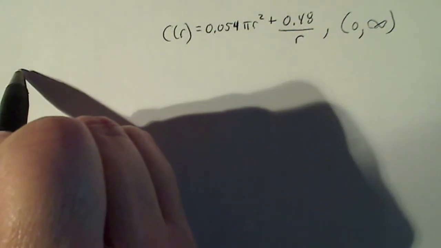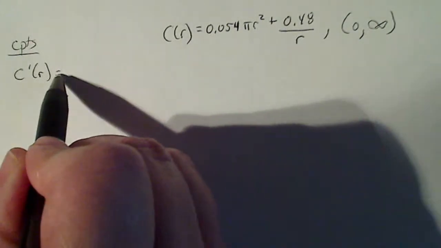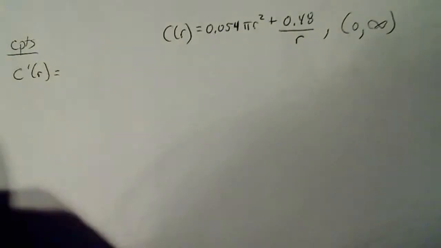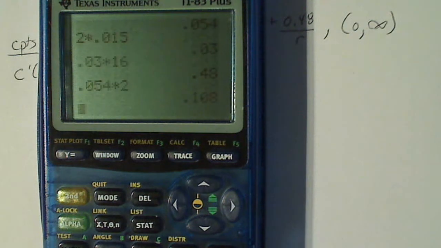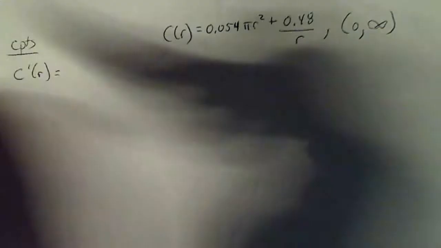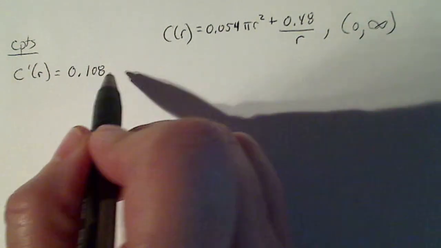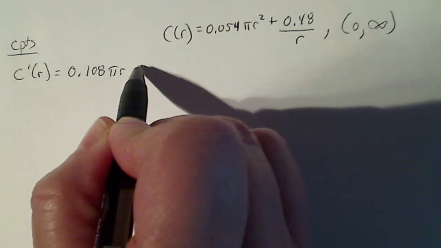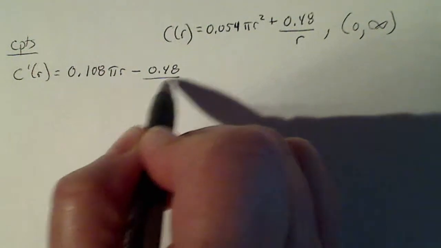So now we're going to find C prime of r to find the critical points. C prime of r is equal to, let's see, I bring down the 2, so it's 0.054 times 2, which gives me 0.108 pi r minus 0.48 over r squared.